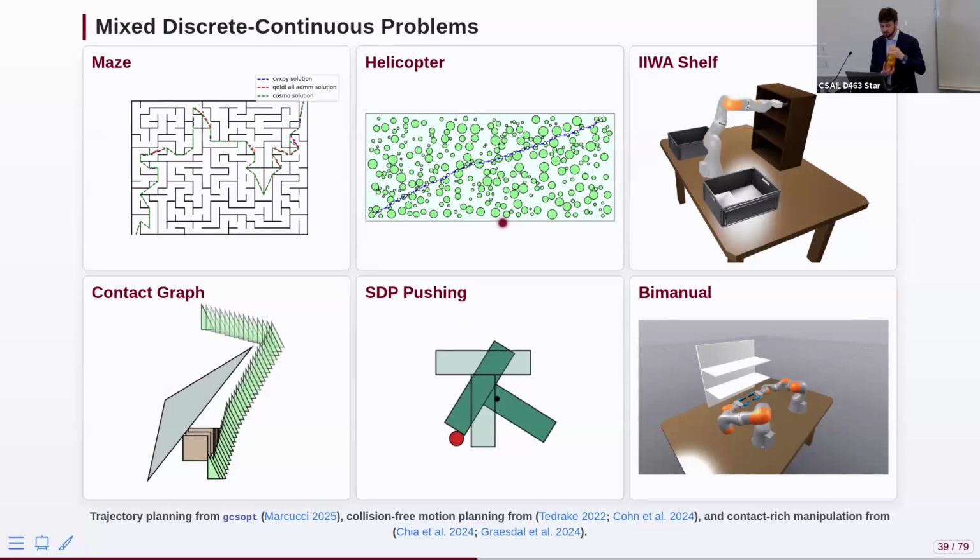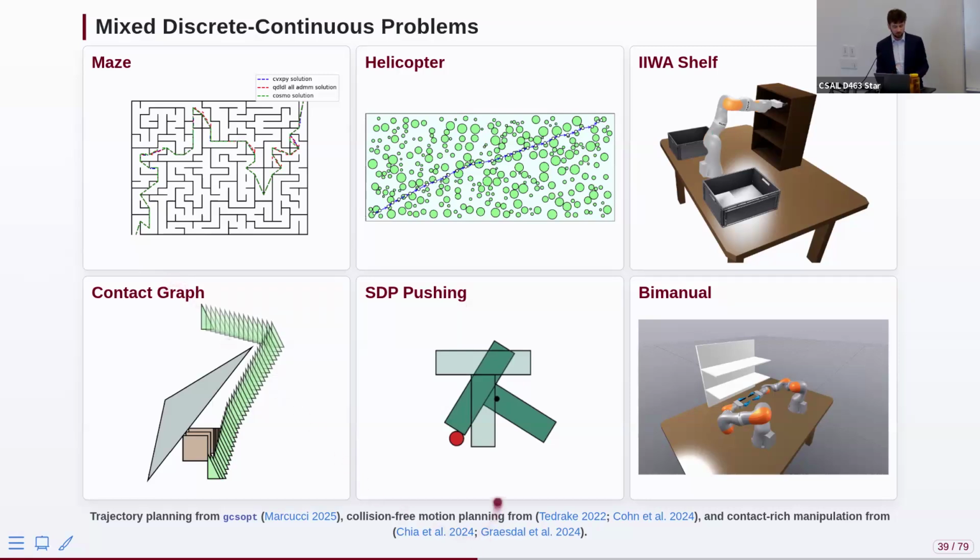The class of problems I'm interested in are mixed discrete continuous optimization problems. Robotics is full of these, and we encode them as mixed integer convex programs. They are natural in robotics because a lot of times we have to make discrete choices.